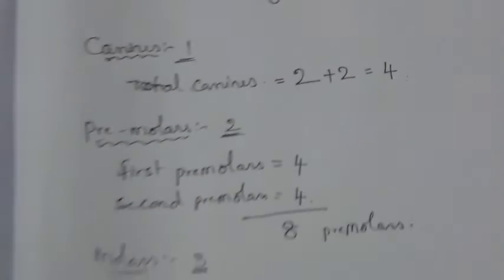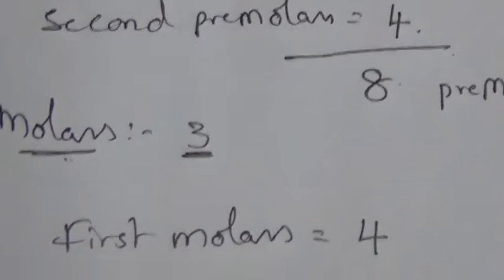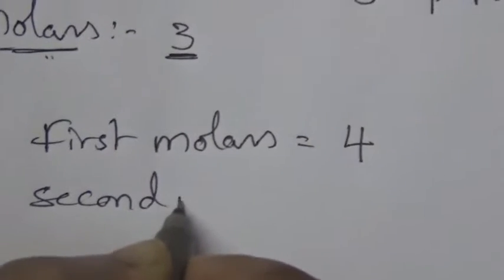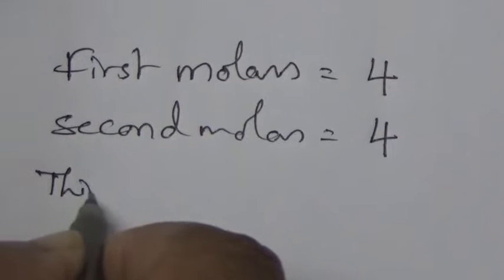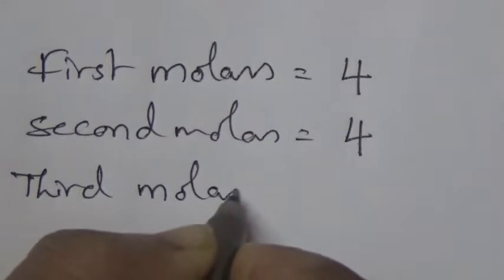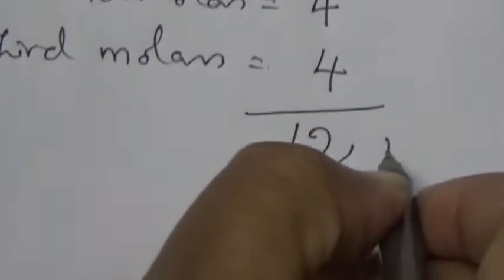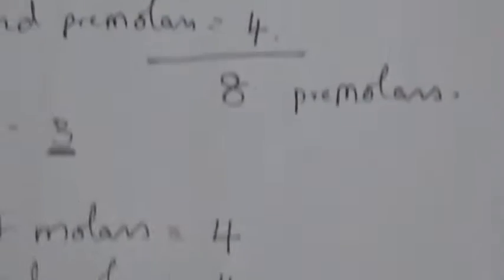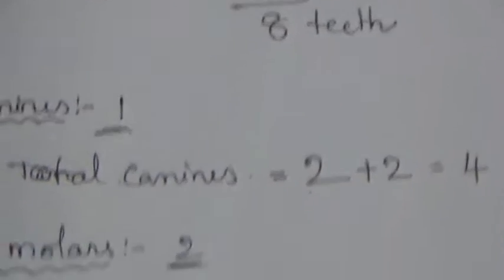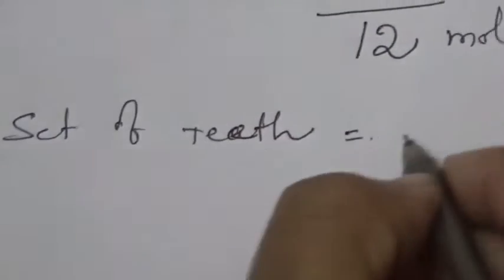So first molars is equal to 4, second molars is equal to 4, third molars is equal to 4. Total we have 12 molars. How many incisors we get here? 8. Set of teeth is equal to total, right?